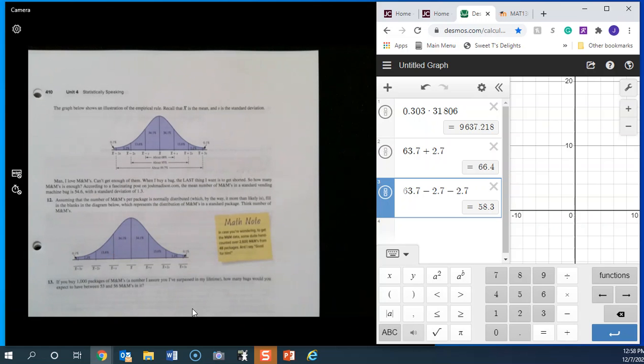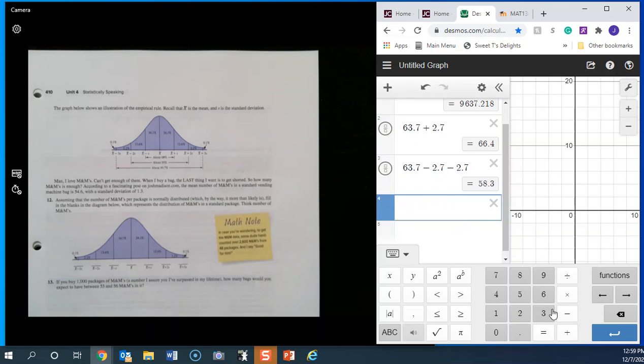So when I was here on the calculator, when I subtracted 2.7 twice, I could have done 63.7 minus 2 times 2.7. Because we know repeated subtraction is the same thing as multiplication. And I'll just show it to you. Better to show it than just to talk about it.